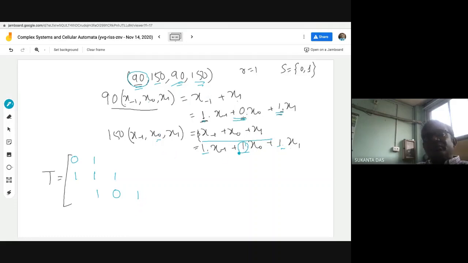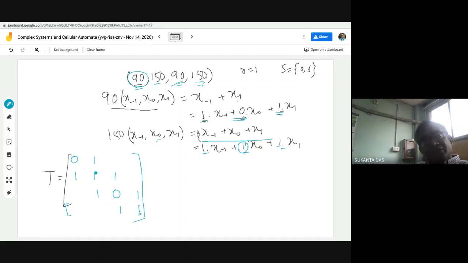In 150, the self is always 1, and left is also 1, which I have written. But since it is a null boundary condition, this is the end of the cells. On the right-hand side there is no cell, so we need not worry.